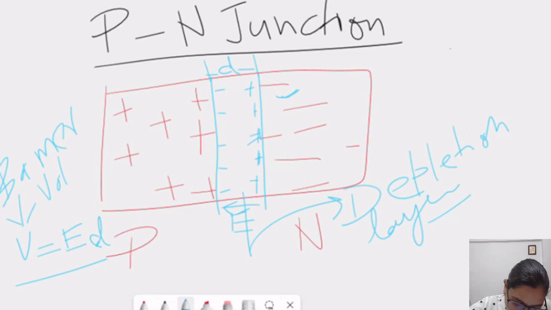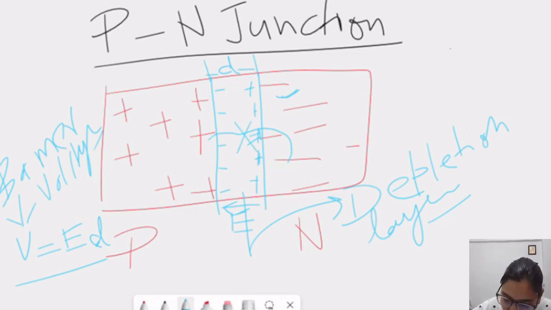Now, what does this barrier voltage mean? The first time, they diffuse or recombine in this region and the region is empty. After that, positive and negative polarities are created and the electric field is created. But the second time, if an electron tries to penetrate this layer and jump here, it is not possible.